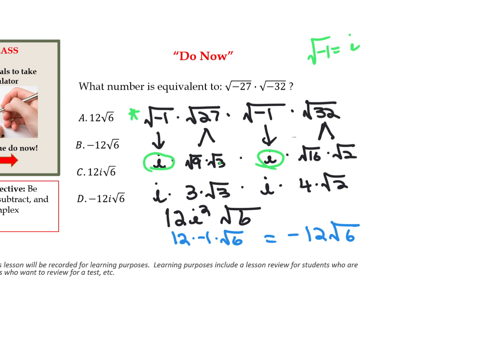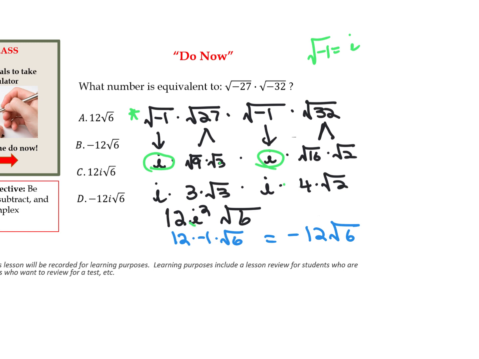I'm now multiplying the parts together. Outside, I have an i times 3 and an i times 4. So I'm going to multiply the numbers. 3 times 4 gives me 12. i times i is i squared. I then multiply what's left under the radical, and under the radical we multiply the square root of 3 times the square root of 2, which is the square root of 6.